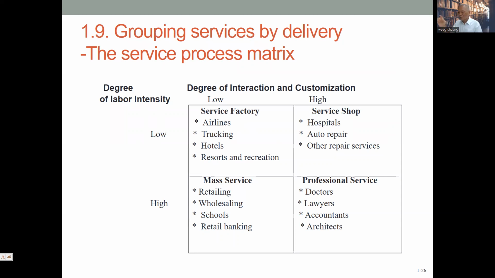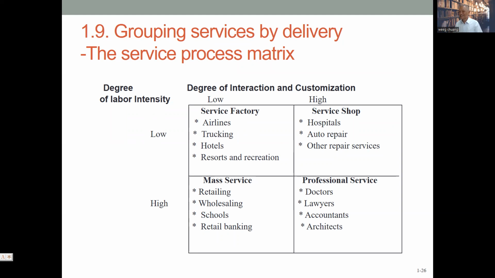And for the right-hand upper part, we have service shop with the feature of high interaction but low labor intensity. The examples include hospitals, auto repair, and other repair services. And for low interaction and high labor intensity, we have mass service, such as retailing, wholesaling, schools, and retail banking.